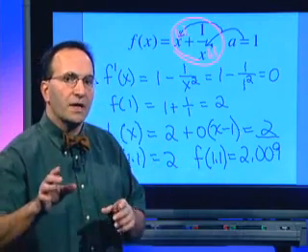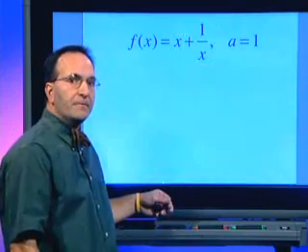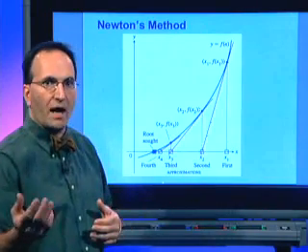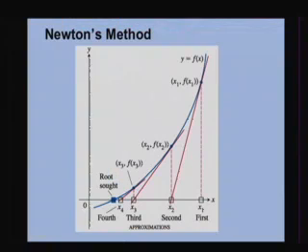Now what I want to do is take a look at Newton's method. Newton's method is also a method for approximation. In this diagram, we can see that Newton says you take some kind of a first approximation, which is given by the slope of the tangent line.